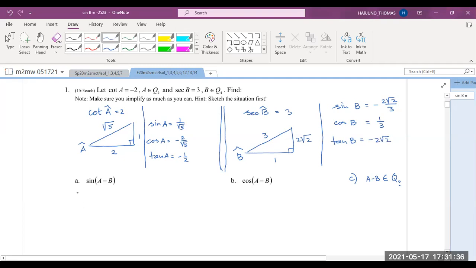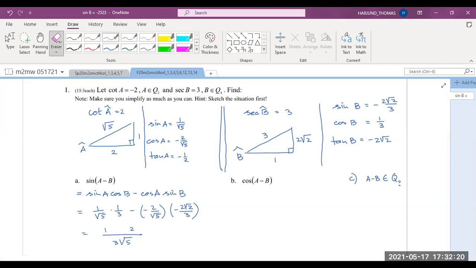So then sine of A minus B is sine A cosine B minus cosine A sine B. That's 1 over radical 5 times cosine B, which is 1/3, minus cosine A, which is negative 2 over radical 5, times sine B, which is negative 2 radical 2 over 3. That's 1 minus 4 radical 2 over 3 radical 5.